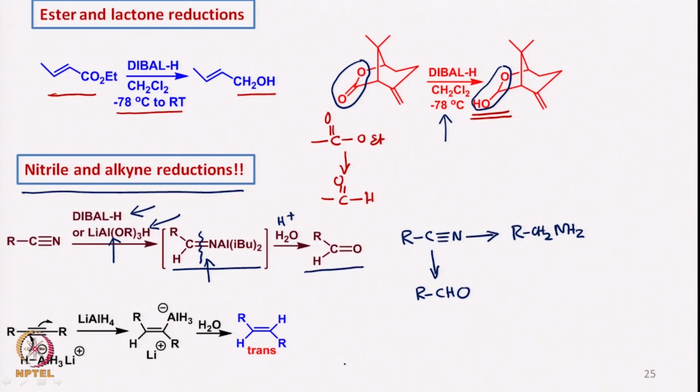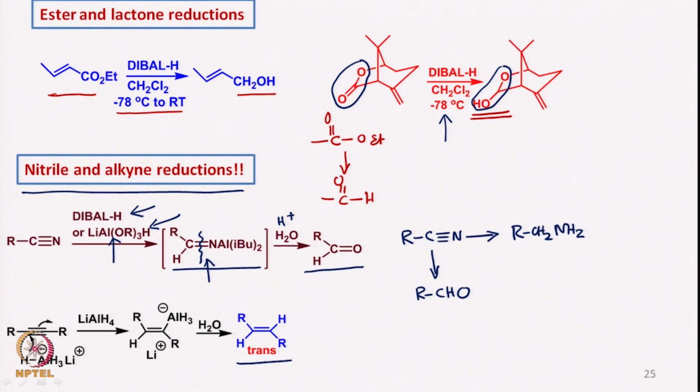At the same time, if one looks at the reducing nature of lithium aluminum hydride towards acetylene, as we discussed earlier, we get the corresponding trans alkene.